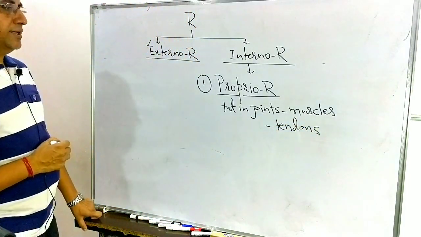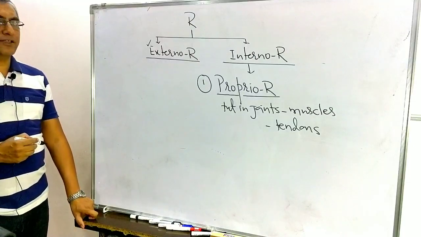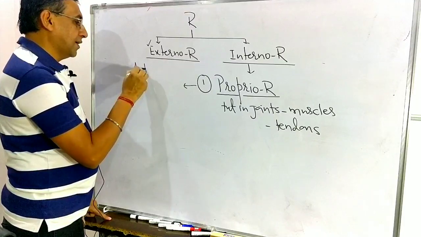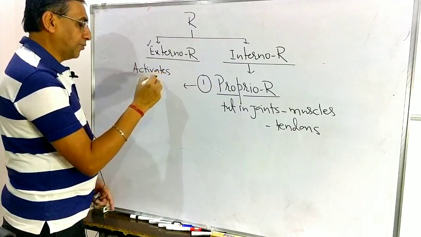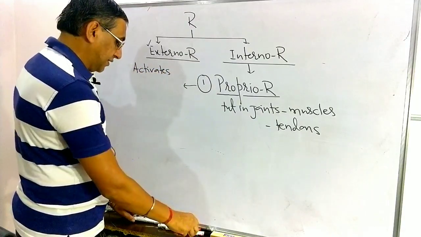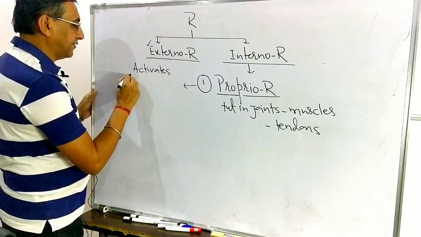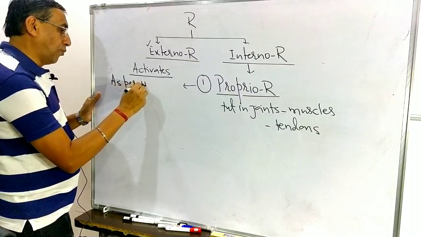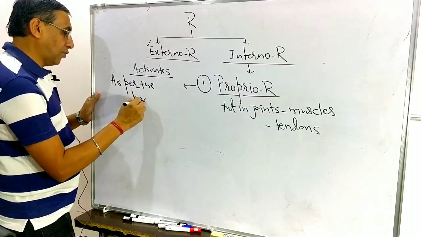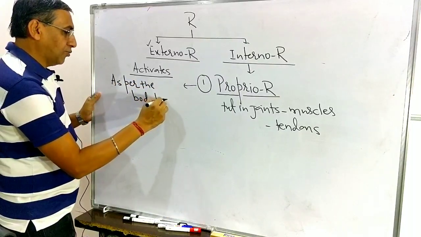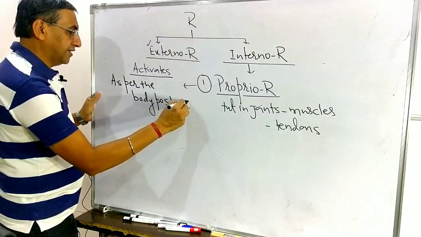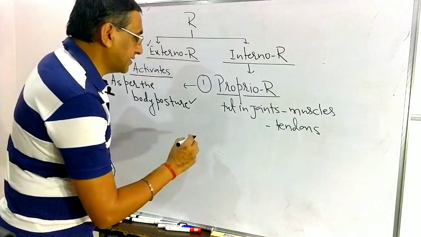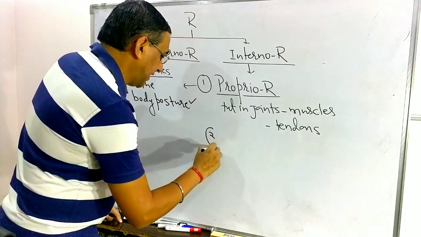It is present in joints, in muscles, and in the tendons. It activates as per the body posture. So as the body posture changes, there is activation of the proprioceptor, and they try to balance the body here.